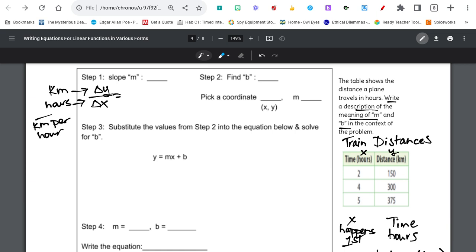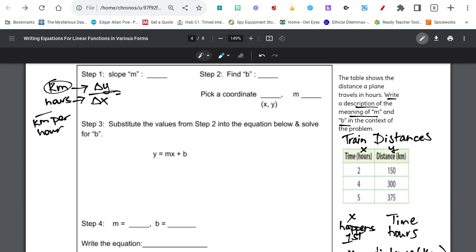That train is moving at that speed, okay? The unit for distance, which is your Y, is kilometers. And the unit for time, which is your X, is hours. So write your units next to that, okay? When we're dealing with a real life problem, that's going to help you with the description of what M and B actually mean. Well, I know, for instance, M, it's going to help you with what the slope means, okay?